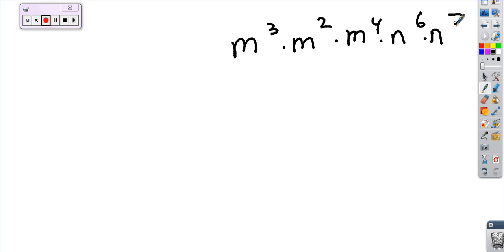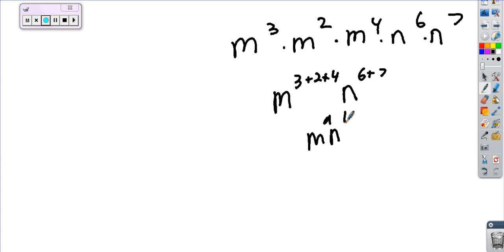Now, m and n are different, right? So we can't mix and match those. So this is m to the 3 plus 2 plus 4 and n to the 6 plus 7. So m to the 9th, n to the 13th. Now we're done. We can't mix and match the m's and the n's because they're different, so that's how we write them.